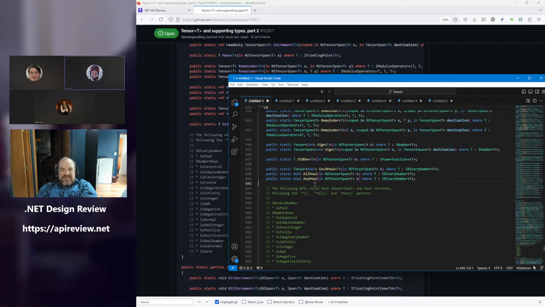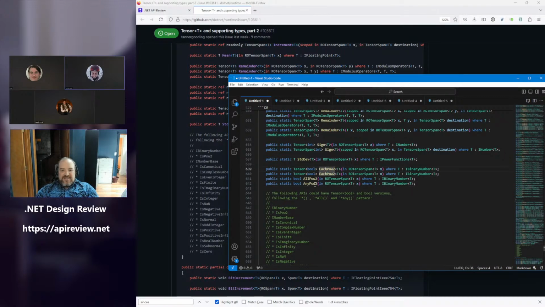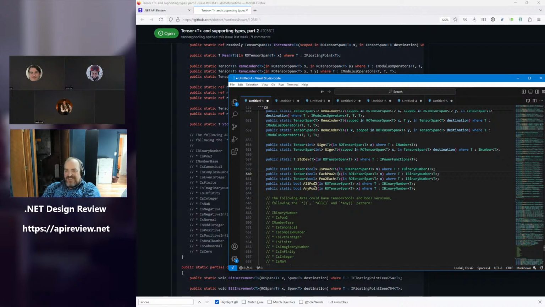I mean, you could conceive of a world where you go back and do a prefix that's common for element wise, any and all, and instead of ending, we start with it. Well, because the each suffix works fine. Well, actually, no, because that feels like it's POW2ing each element. That would be the other POW2.